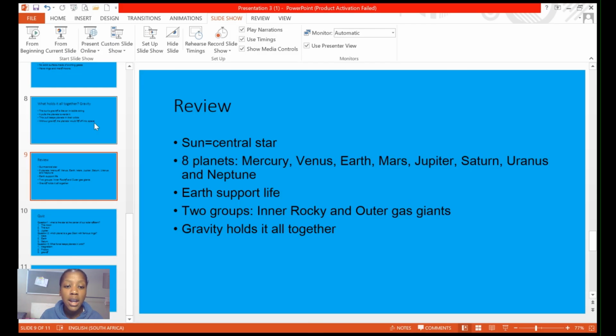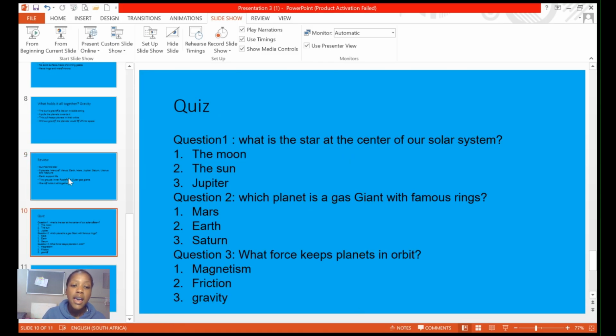We also learned about two groups: inner rocky planets, which are very small in size, and outer gas giants, which are very large in size. And gravity holds it all together.